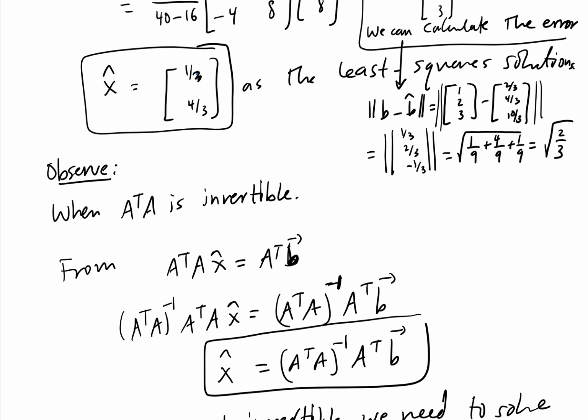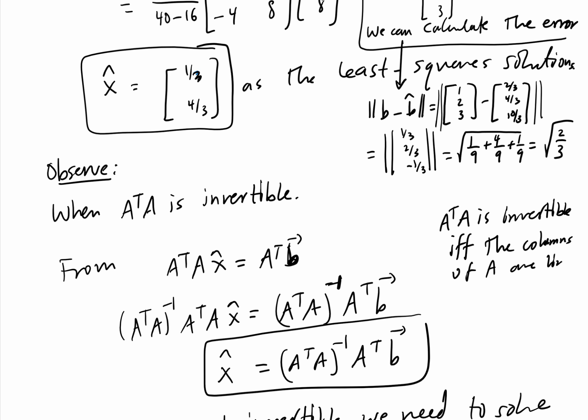And this is actually a theorem that says the matrix A transpose A is invertible if and only if the columns of A are linearly independent.